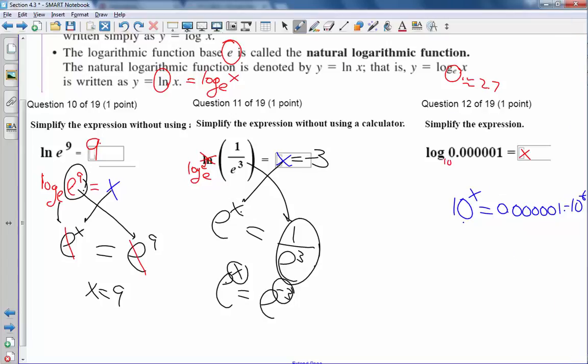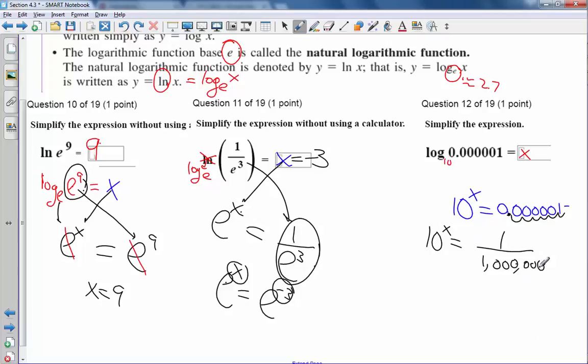Well, my recommendation is to change that decimal into a fraction first. Isn't this 1 divided by 1 million? Right? Just count how many digits you have here. 1, 2, 3, 4, 5, 6 after the dot.